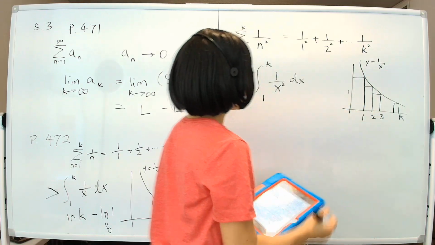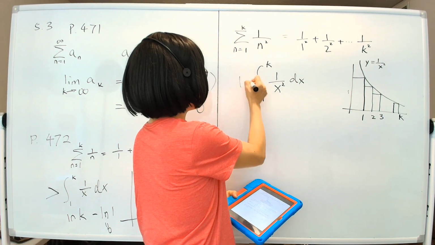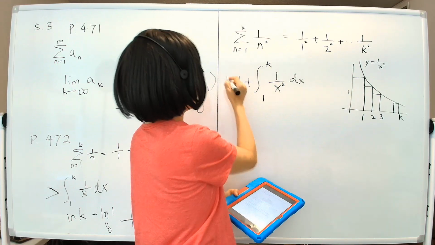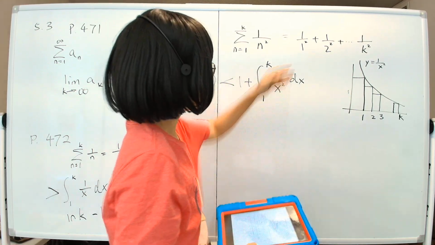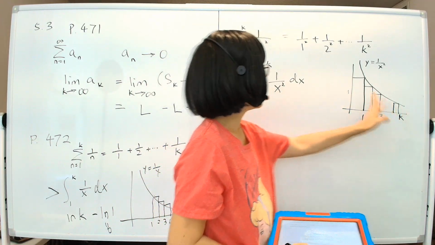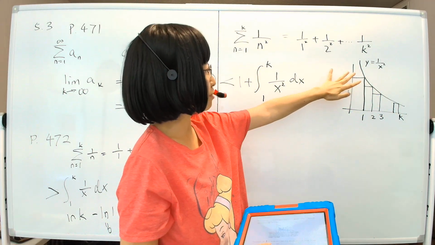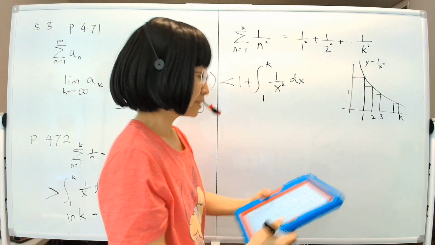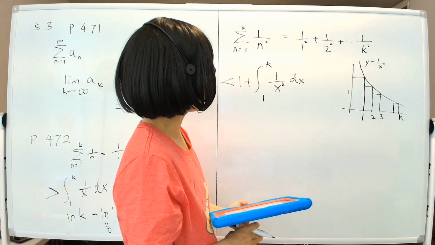We need to add this to it. If we add 1 to it, then this sum is going to be less than the integral plus 1, because the area under the curve is more. That's looking pretty good.